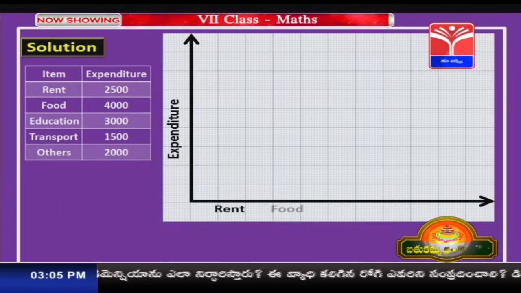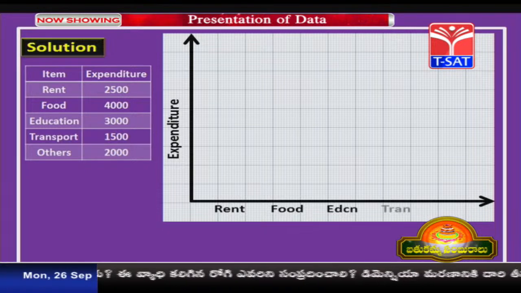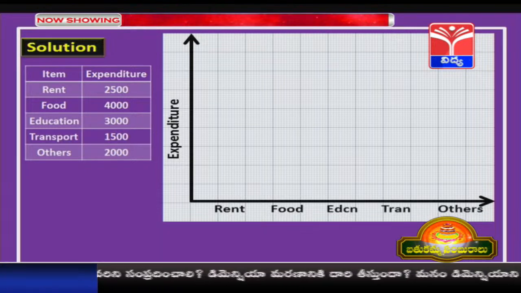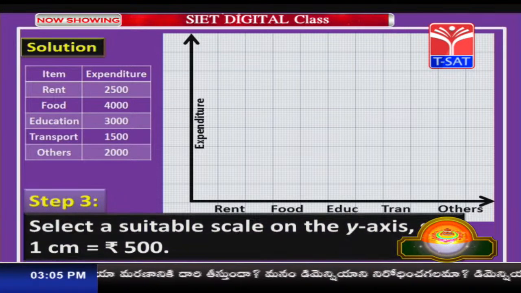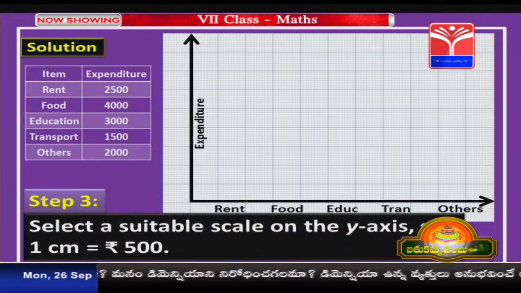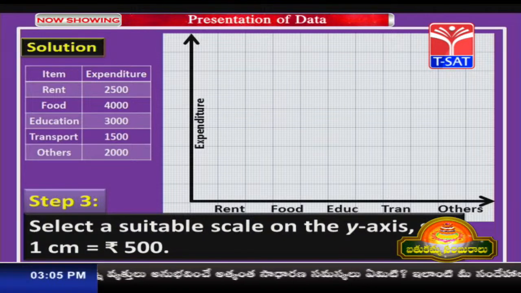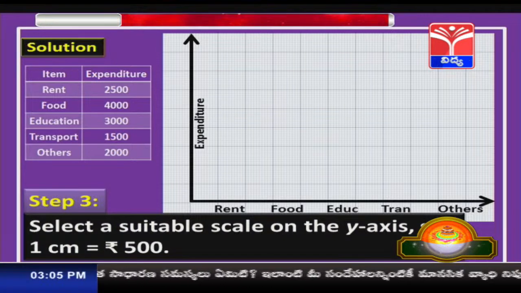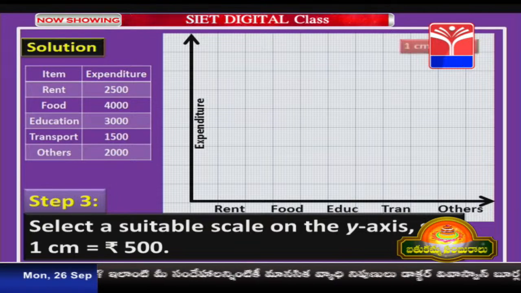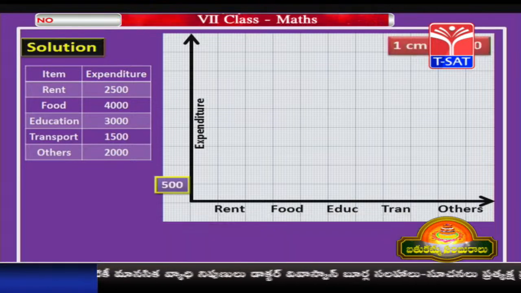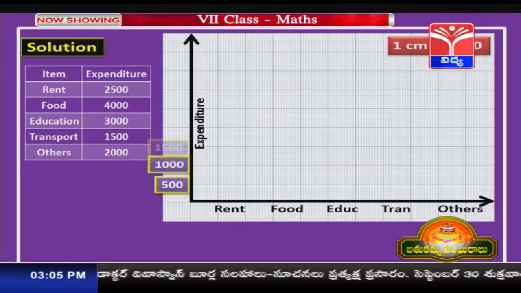Yes, write down all the items, that is rent, food, education, transport and others. Then in the next step, we are going to decide or select a suitable scale on y axis. Here we are taking 1 centimeter equal to 500 rupees. So, write the same on the graph sheet and mark the same on the graph.